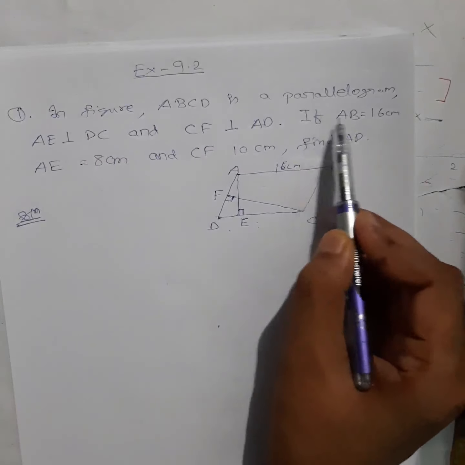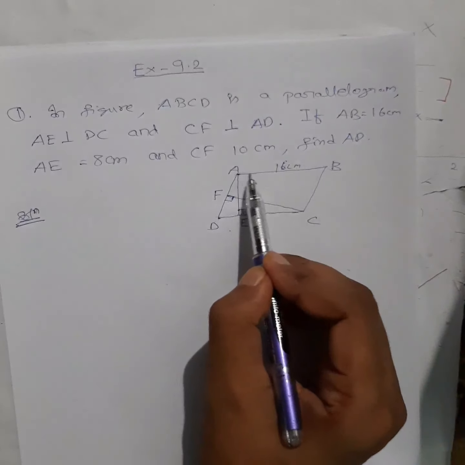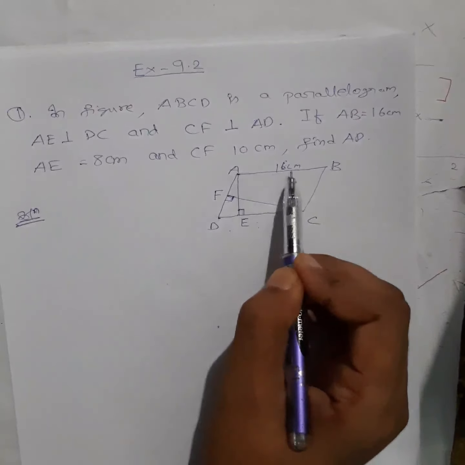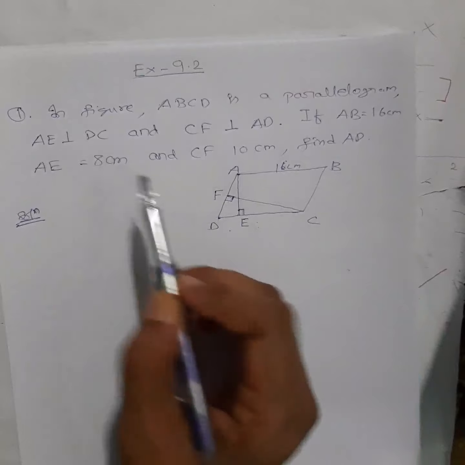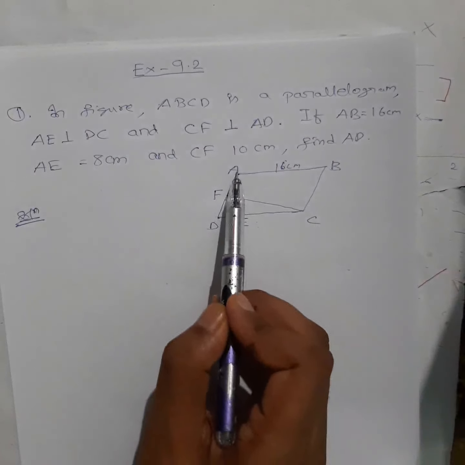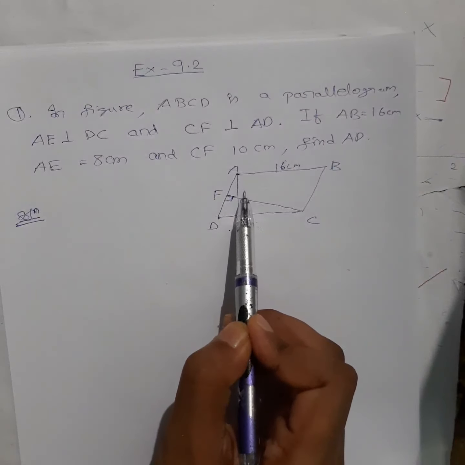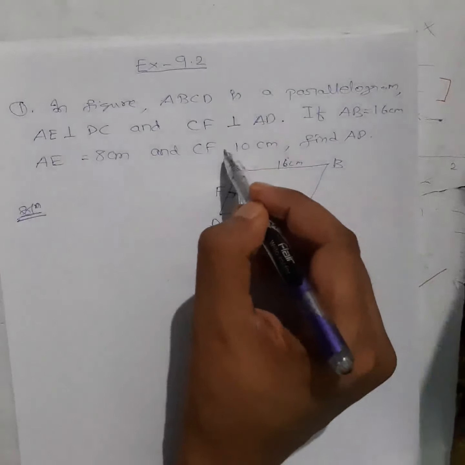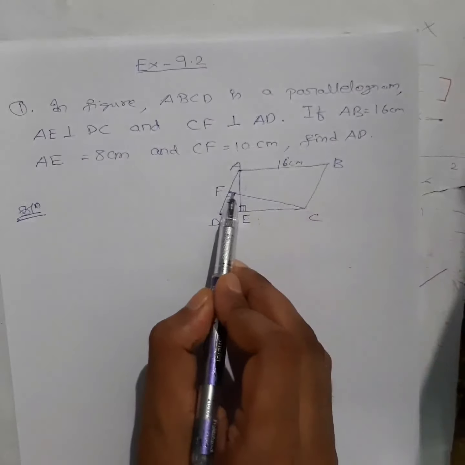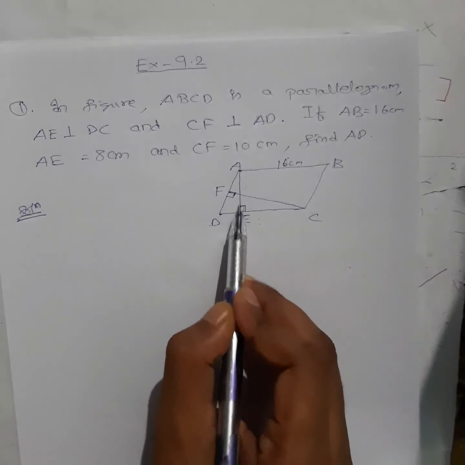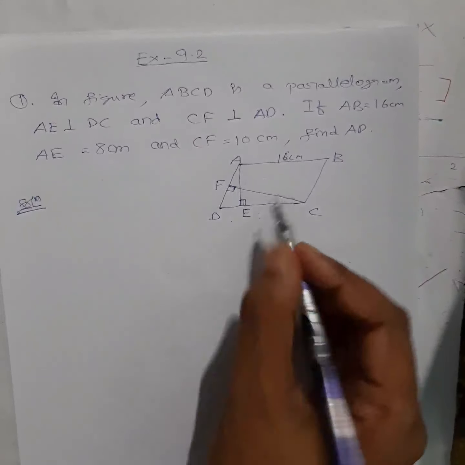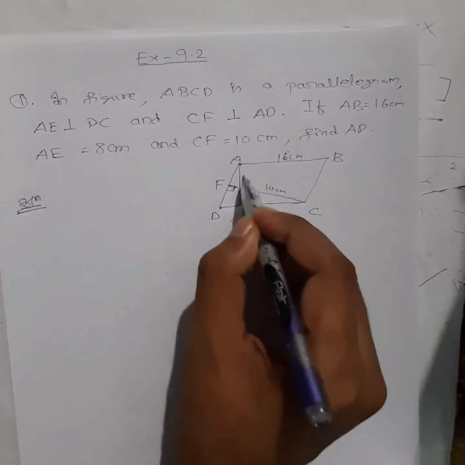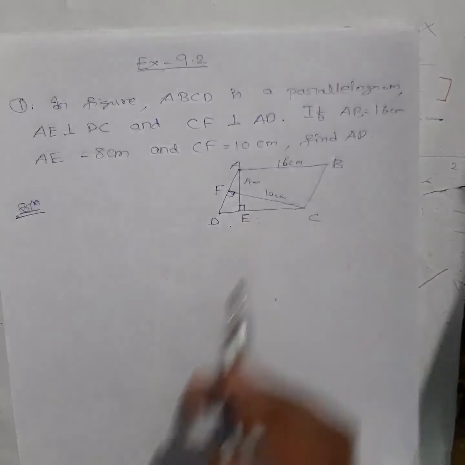The length of AB is given as 16 centimeter, AE is given as 8 centimeter, and CF is given as 10 centimeter. So this height is given, this height is also given. This is 10 centimeter and this is 8 centimeter.